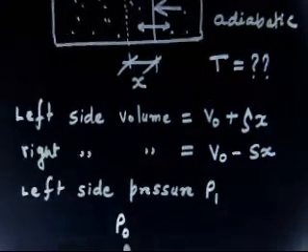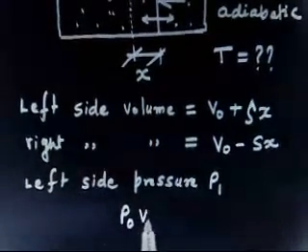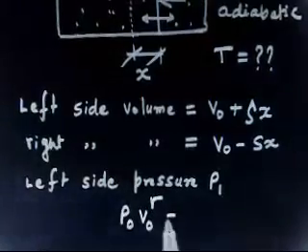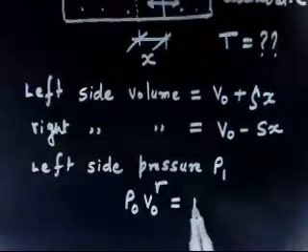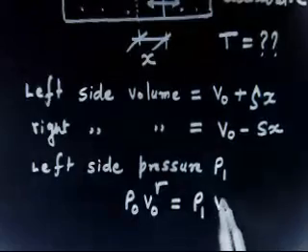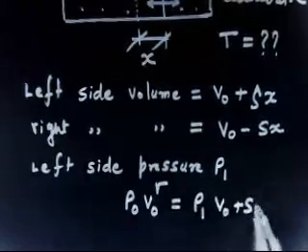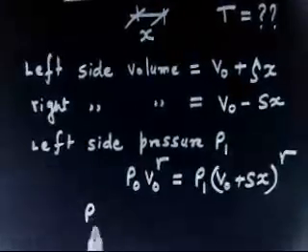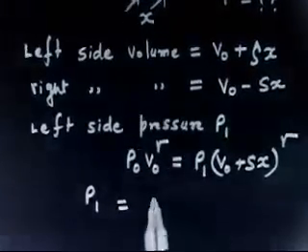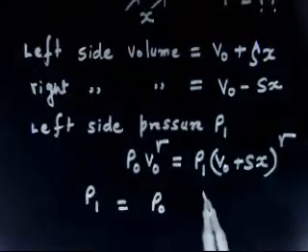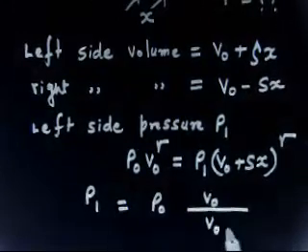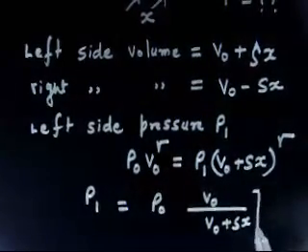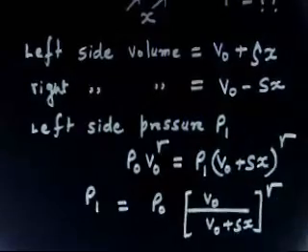Initial pressure was P0, initial volume was V0, so P0 V0 to the power gamma equals constant. Now the new pressure is P1 and volume is V0 plus Sx, to the power gamma. So P1 equals P0 V0 divided by V0 plus Sx, raised to the power gamma. Are you getting?